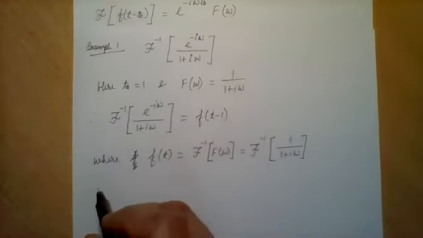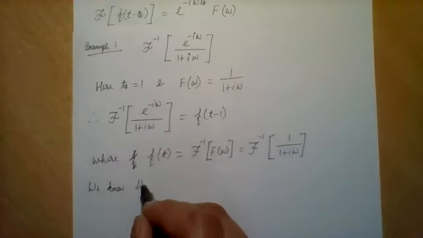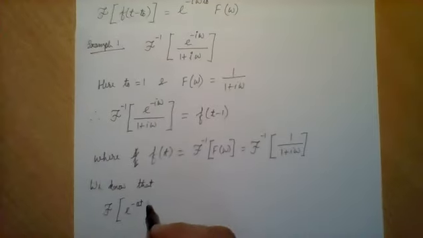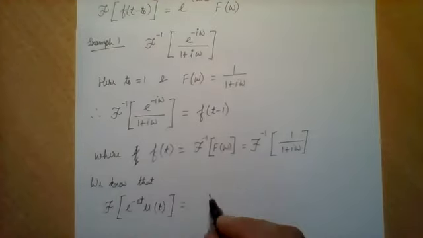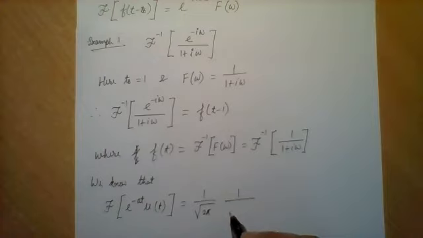So we know that the Fourier transform of e to the power minus at u of t is equal to 1 by root 2 pi times 1 by a plus I omega.